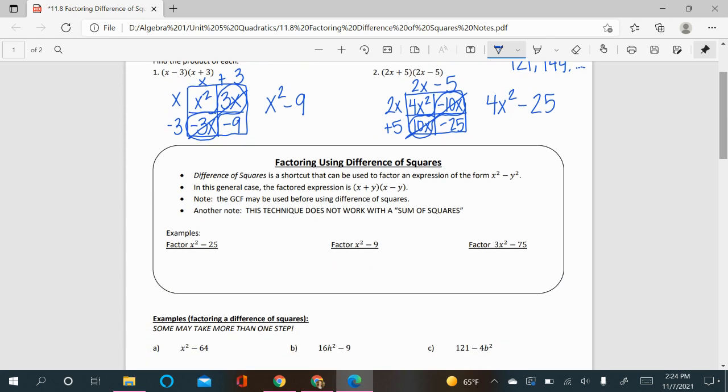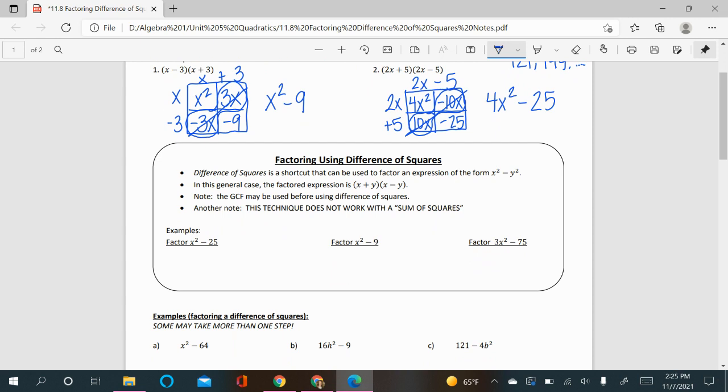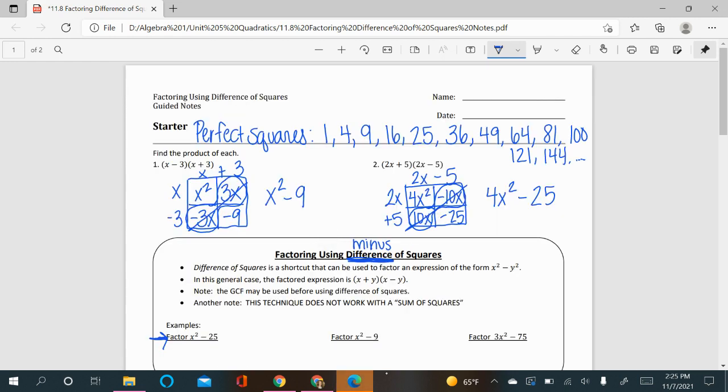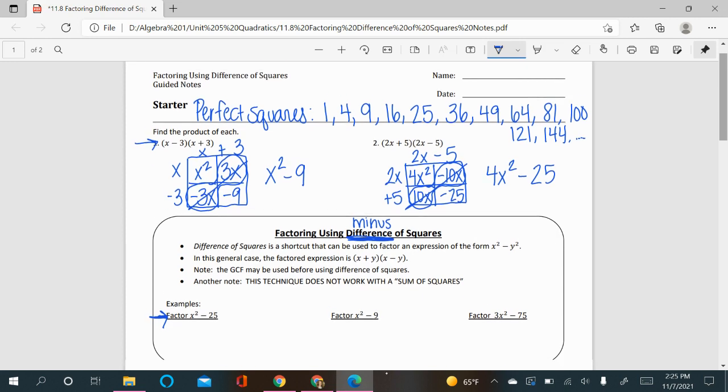Two things have to happen. Looking at this problem, I have x squared minus 25. x squared is a perfect square, and 25 is also a perfect square. The other thing that has to happen is it must be a difference, meaning you must have a minus sign. When that's the case, it is going to factor into two binomials.